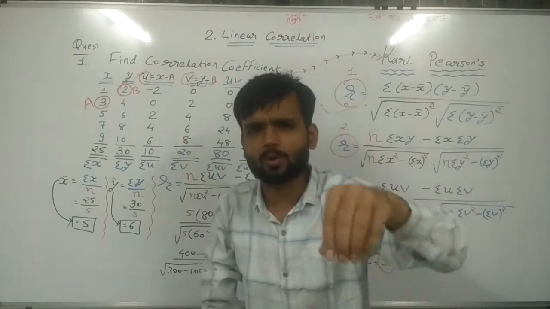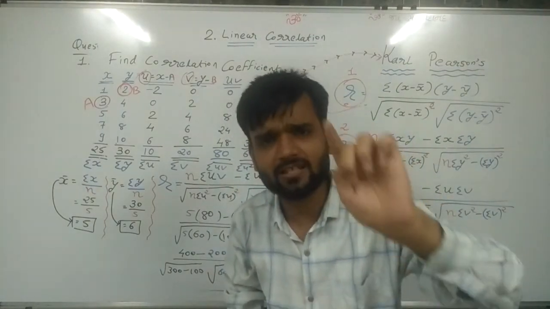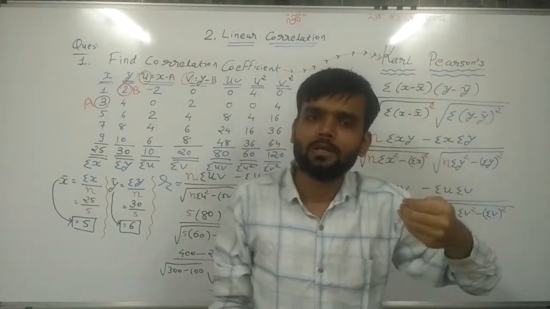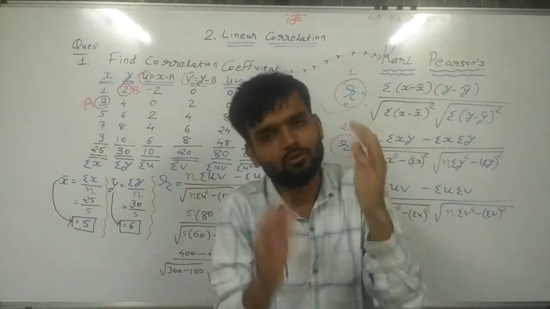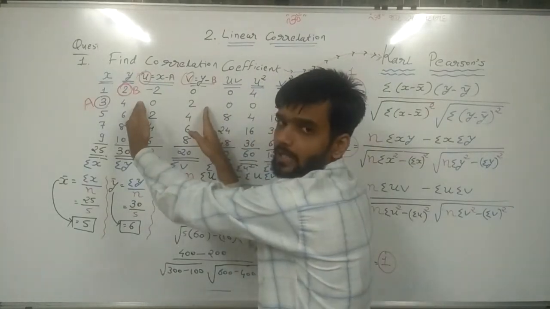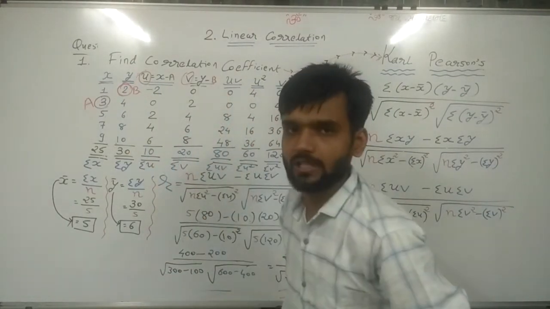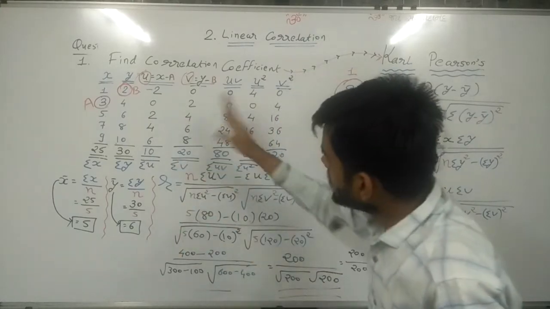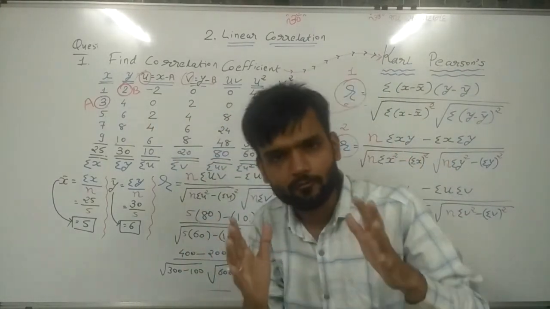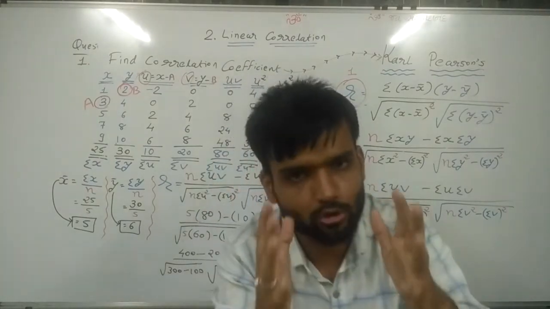If anybody has a problem with signs, then they can assume the lowest value. By selecting the lowest value, they will get only positive values in u and v. And if positive values of u and v are given, then multiplication and squaring become easy for those particular students.